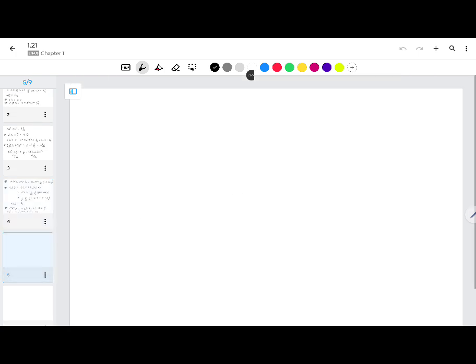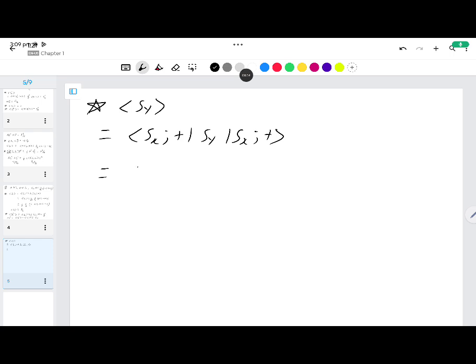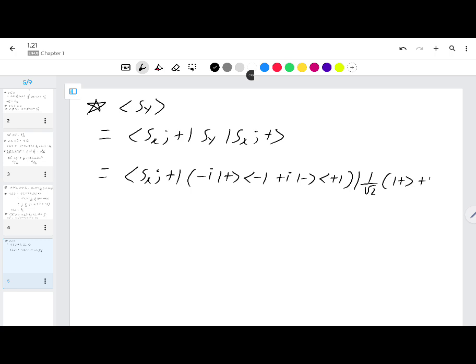Okay, fine. Next part is we need to calculate the Sy. So spin y is also same as spin x.